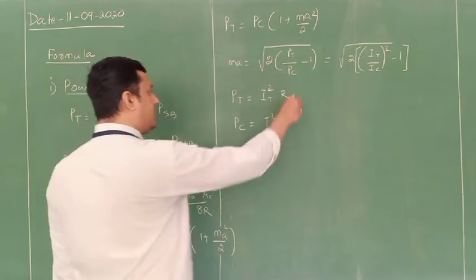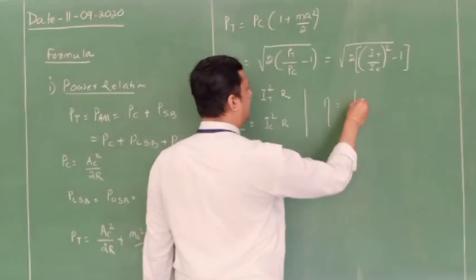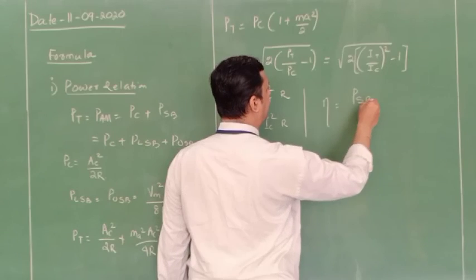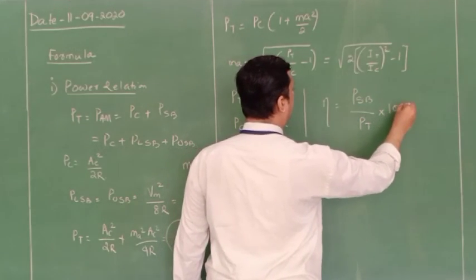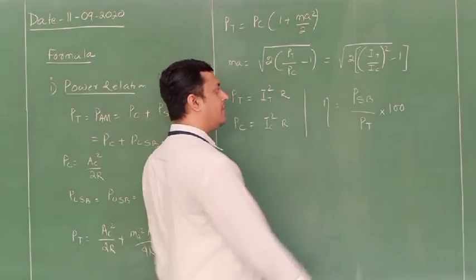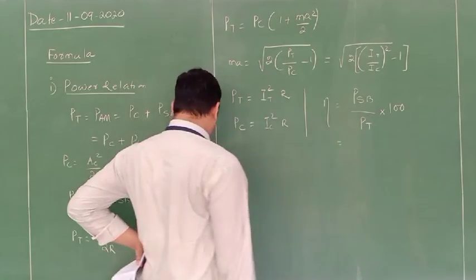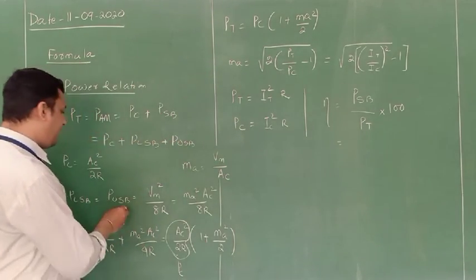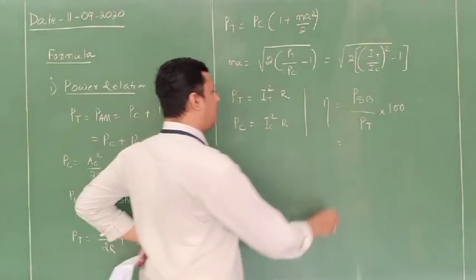And one more important thing, efficiency also we have calculated. Efficiency means sideband power divided by transmitted power into 100. Okay. Now how have we represented efficiency? Sideband power is how much? Sideband power, if I add these two, we will get Ma square AC square by 4R.